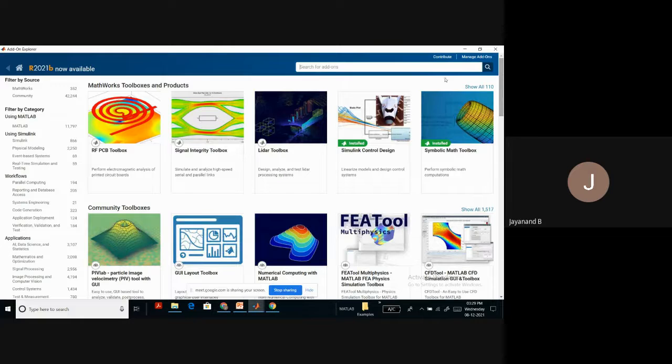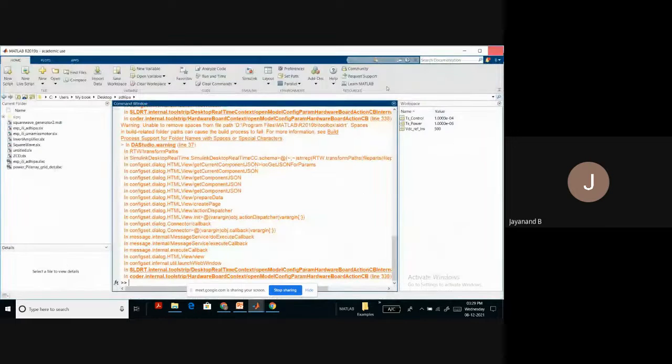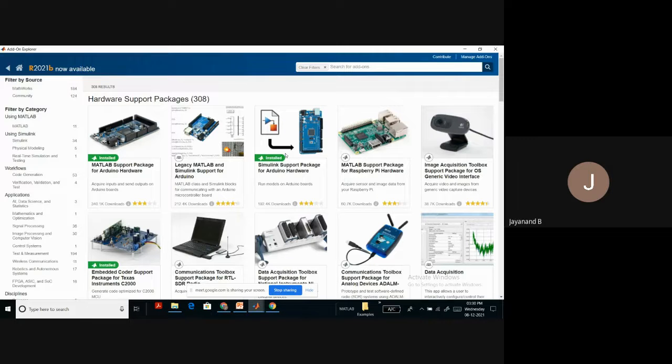So many packages are there. Arduino package. You see all the hardware support packages are listed here. Right?